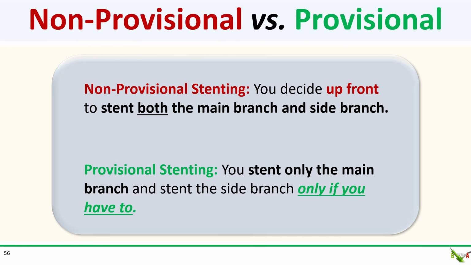Okay, so at this point you should already be pros at non-provisional stenting techniques. Let's go back to provisional stenting for a minute. Remember, in provisional stenting, you stent the main branch first and stent the side branch only if you have to. But what are the techniques to stent that side branch when you end up having to do it?